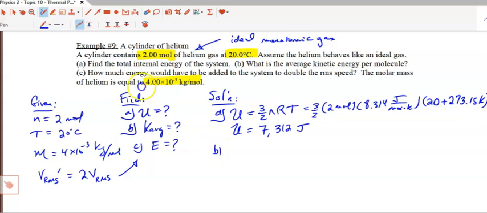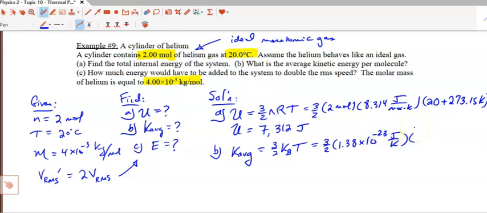Now let's suppose we wanted to find the average kinetic energy per molecule. Here we use the equation 3/2 multiplied by the Boltzmann constant multiplied by the temperature in Kelvin. So 3/2 times the Boltzmann constant, which is 1.38 times 10 to the power negative 23 joules per Kelvin, multiplied by the temperature in Kelvin.